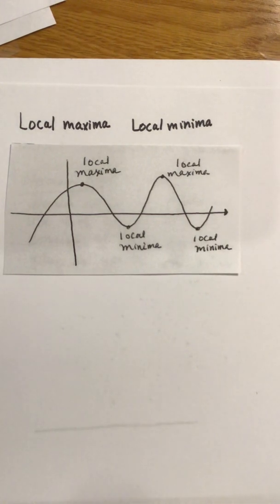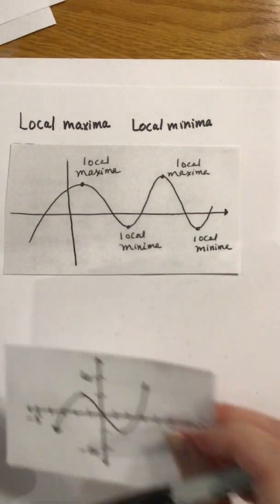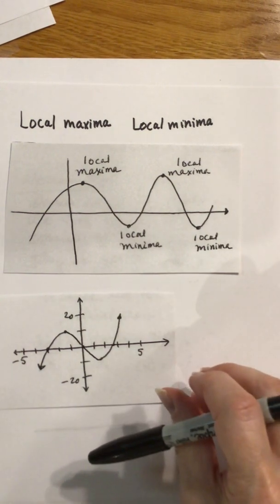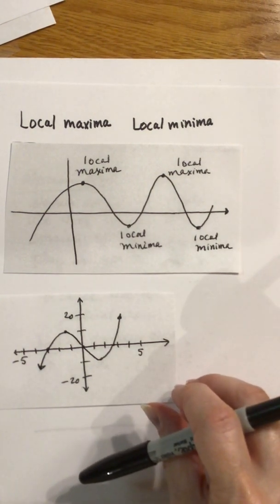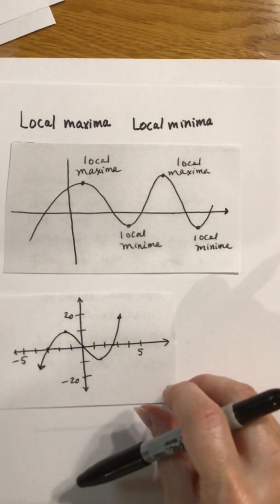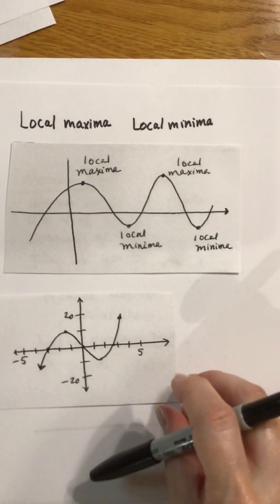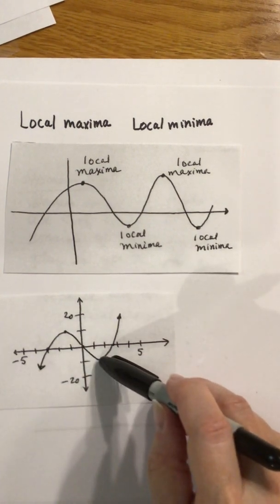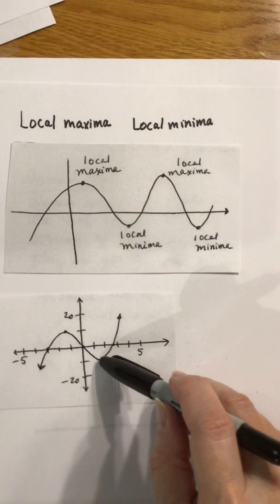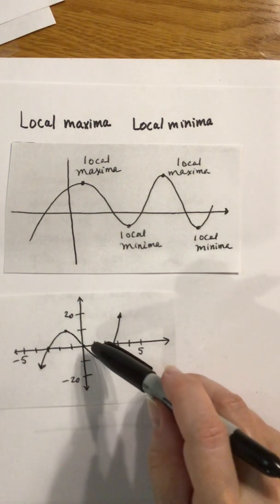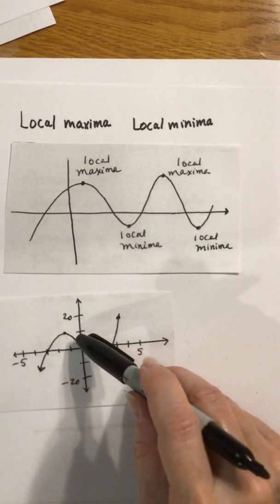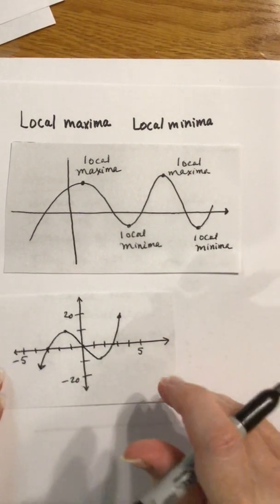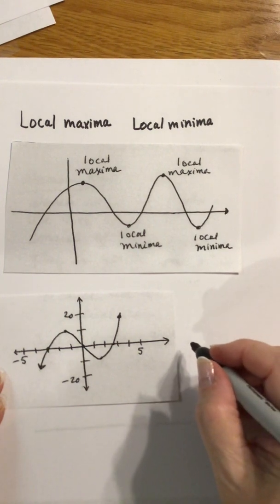So I'm going to give you one that has some numbers on it, but we don't have the calculators right now, so we'll get calculators in a little bit. When we write it, when we talk about a maxima, here would be a maxima, and here would be a minima, right? So we have a local maxima at, this is 10, 20, so the exact value, if we were using a calculator, would be a maxima of 9.71.